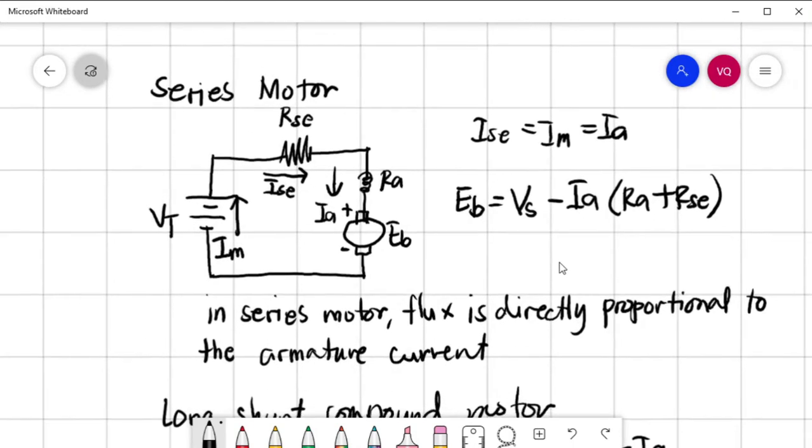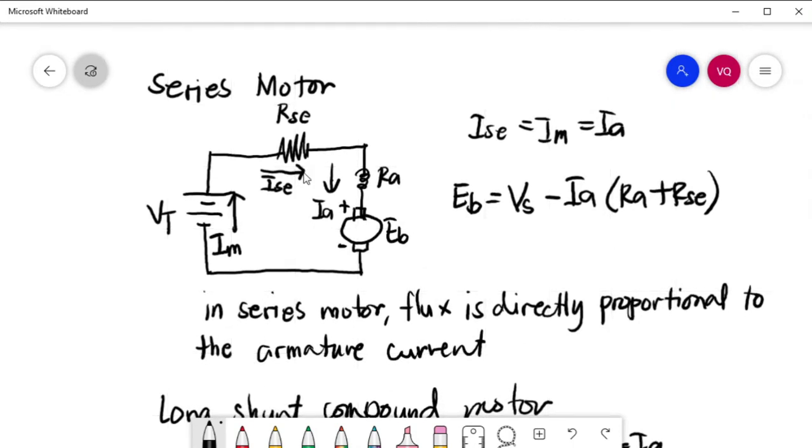Next type is the series motor. In the series motor, the series resistance and the armature resistance are connected in series. Again, the direction of the motor current is upward, and since Rse and Ra are in series, therefore our Ise is equal to your Im, equal to your Ia.